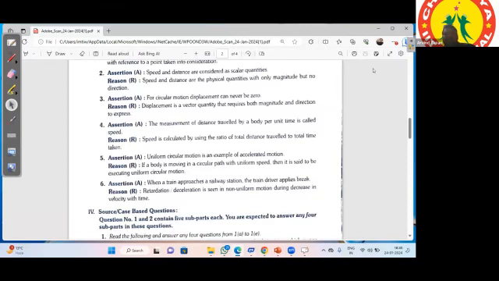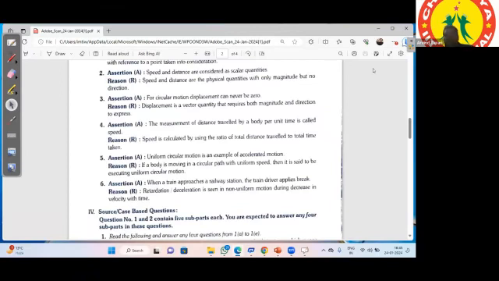And the reason statement says retardation or deceleration is seen in non-uniform motion during decrease in velocity with time. Retardation can be seen in non-uniform motion only during decrease in velocity with time, that's correct. So both are correct, but the reason does not explain the assertion. So here it will be option B.